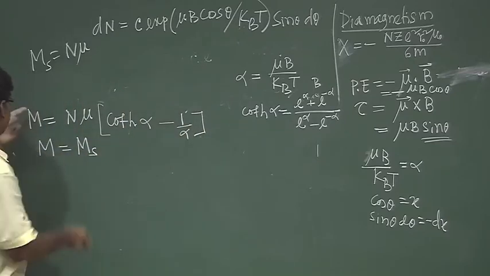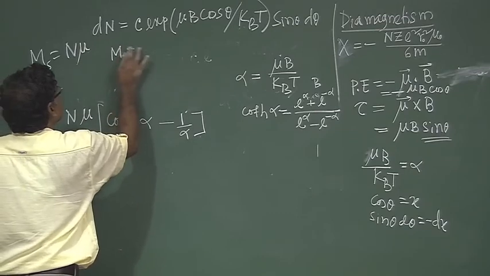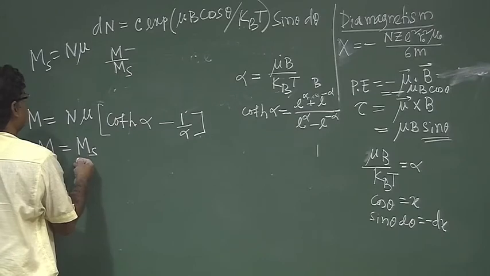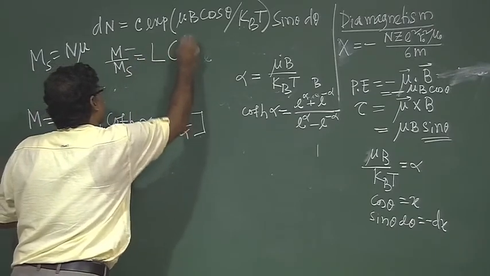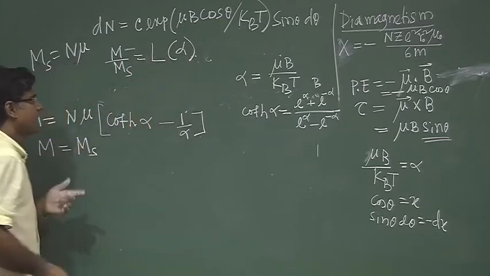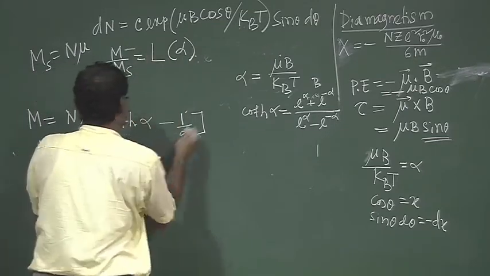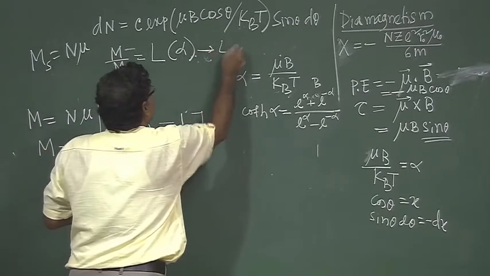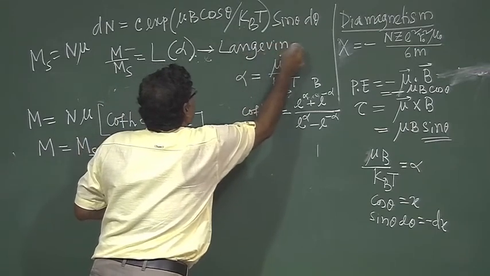So, M by Ms, I am writing L alpha, and this is called the Langevin function.